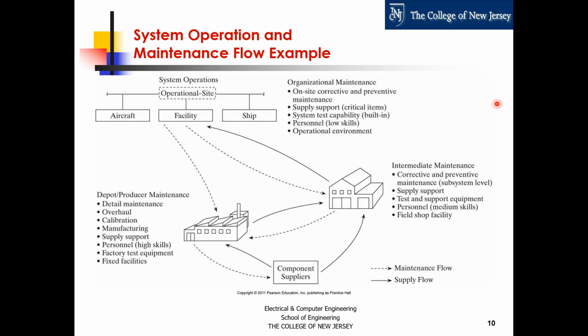For instance, at the operational site, we can say that we're going to be able to do on-site corrective and preventive maintenance. But at what level? Only critical items that are pointed out as needing corrective and/or preventive maintenance via built-in self-test capabilities.